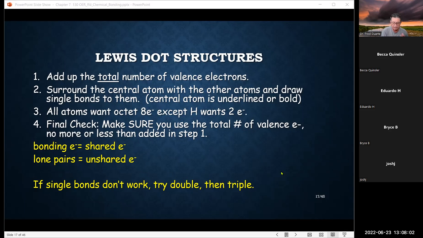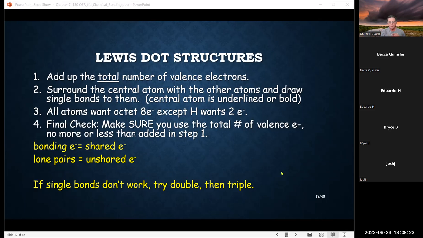Remember, that's the max, single, double, or triple bond. There's no such animal as a quadruple bond, just single, double, or triple. And we do that until we're sharing electrons so that everybody has the octet rule fulfilled. Okay.